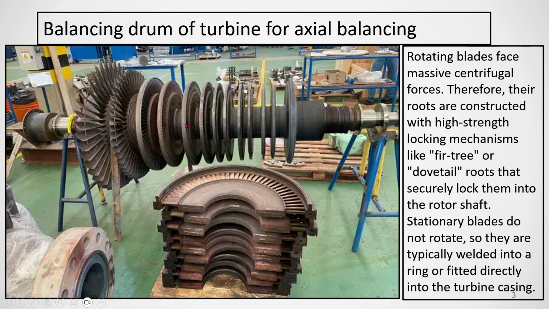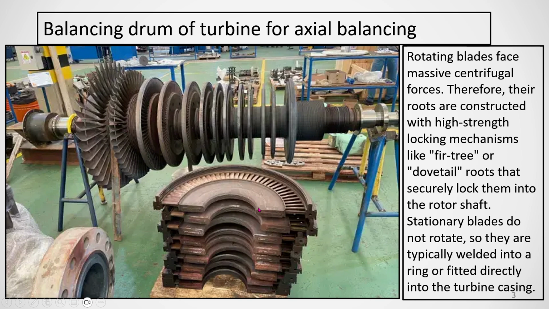This is called the balancing drum. After the balancing drum there is a labyrinth seal, and the steam will go to the gland and then to the stack. The steam acting on the excess area forces the rotor to keep it in the center position.